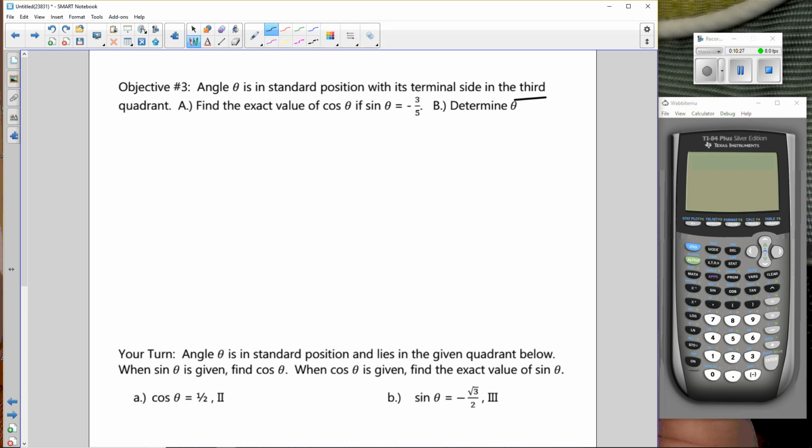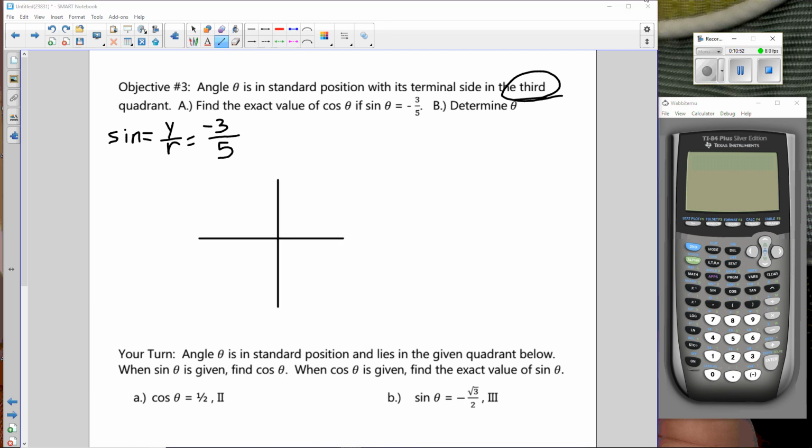So when they say sine equals -3/5, remember sine is y/r. So this is the y value that is negative, not the r. And that should make sense, of course, because we're in quadrant number 3. In quadrant number 3, y is negative. So when we sketch this triangle, we know the y-coordinate is -3, so we're going down 3.